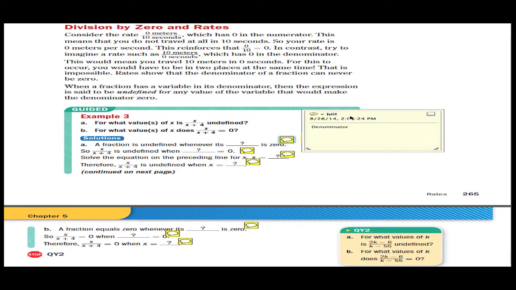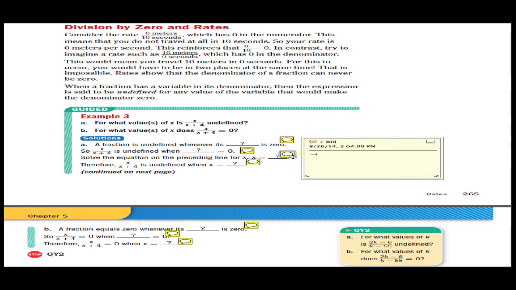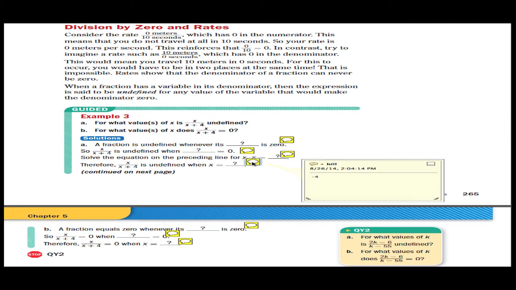So when the denominator is 0, then it's undefined in our algebra. So x over x plus 4 is undefined when x plus 4 equals 0. So we take x plus 4, we can solve the equation, and we get that x equals a negative 4, resulting in 0. Therefore, x over x plus 4 is undefined when x equals a negative 4.